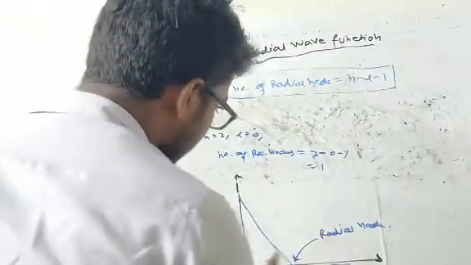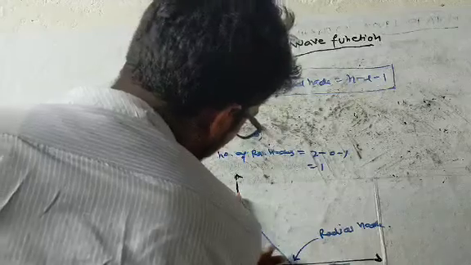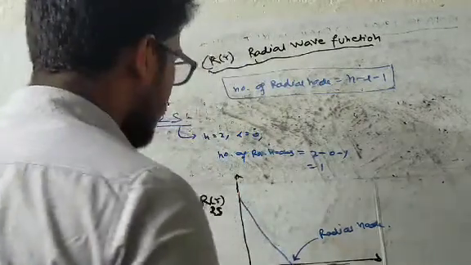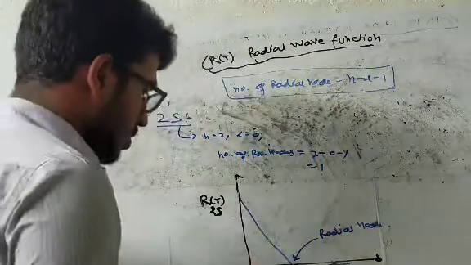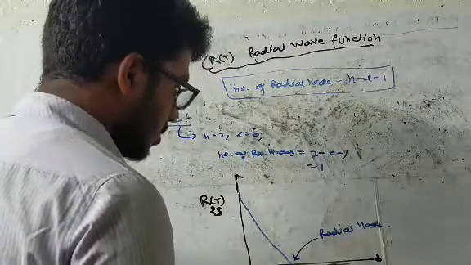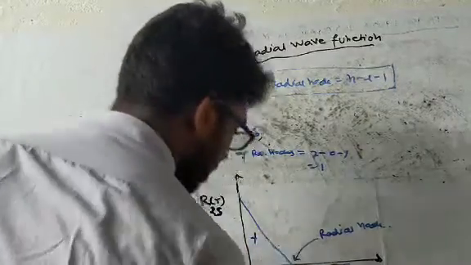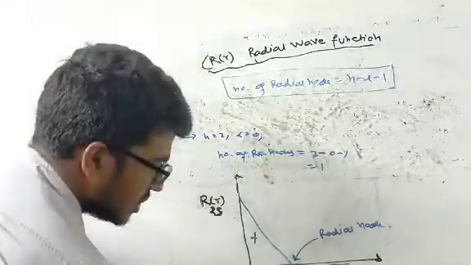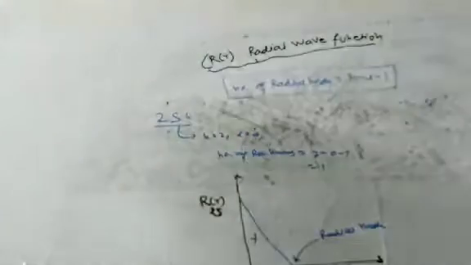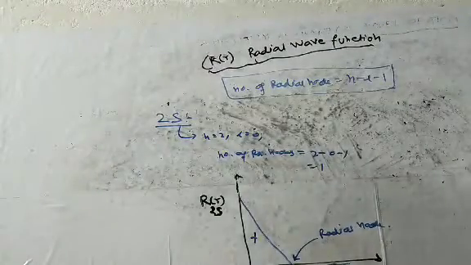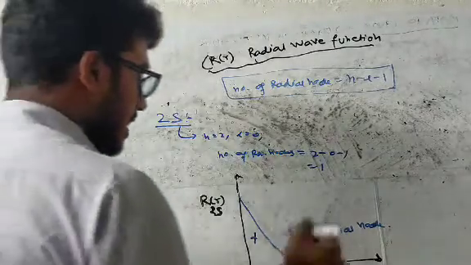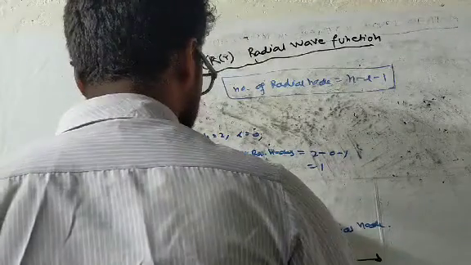Now look at this region. Up to this region, the value of the radial wave function is positive. But in this lower region, the value of the wave function is negative. This is called the phase of the orbital.